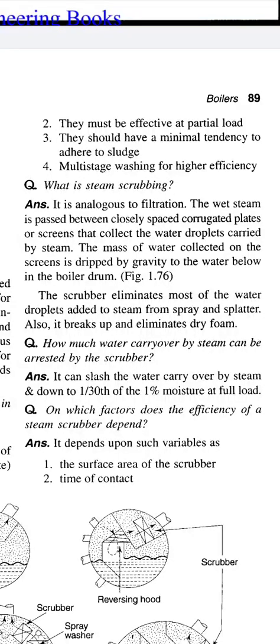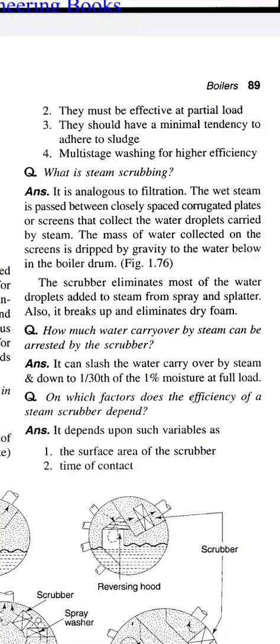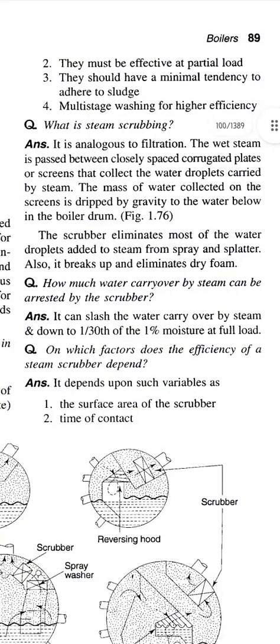The wet steam is passed between closely spaced corrugated plates or screens that collect the water droplets carried by steam. The mass of water collected on the screen is dropped by gravity to the water below in the steam boiler drum. The scrubber eliminates most of the water droplets added to steam from spray and splatter.